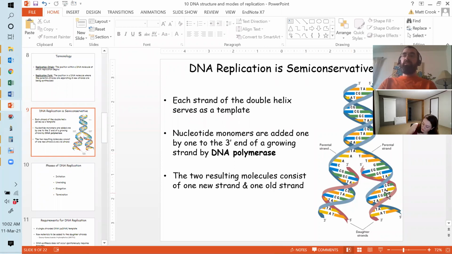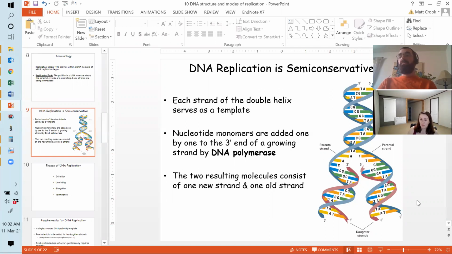But both of these daughter strands have to be synthesized at exactly the same rate. Otherwise, you have all kinds of problems, right? You have presence of single-stranded DNA in your genome, which is just bad news, right?